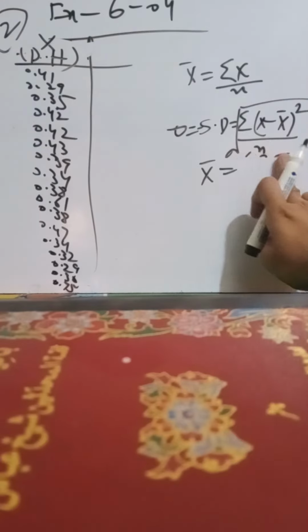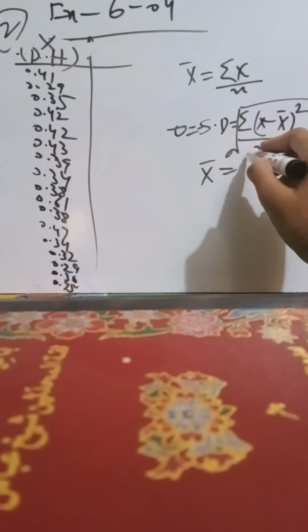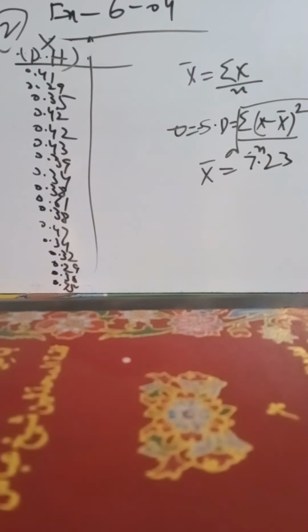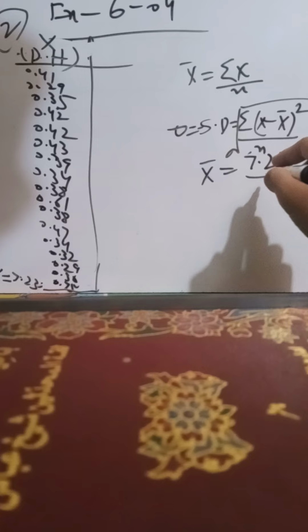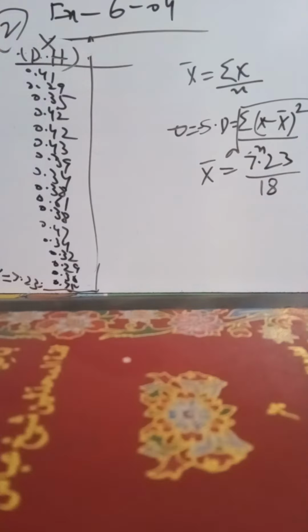So after rechecking, I found the mistake I made while adding these values. Since the space is quite limited, I will write summation x at the end: summation x is equal to 7.23. Okay, now what is the average? It is 7.23 divided by 18 observations.